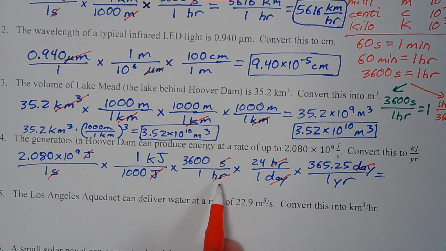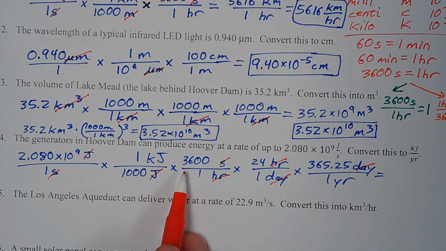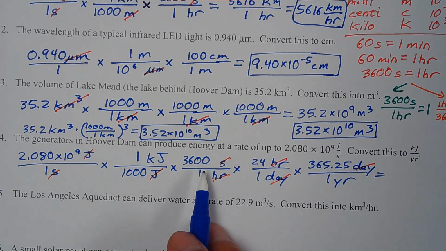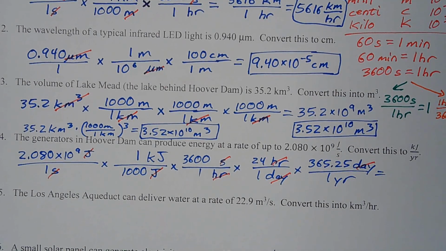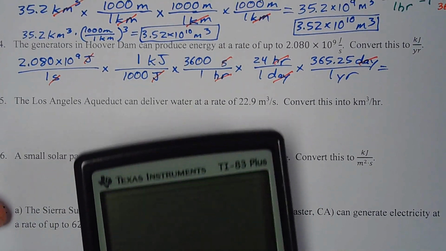However, this is one of those cases where it would be a little more advantageous, because you could use one single conversion factor to go from seconds into years. I don't recall the actual number, hence the reason I use this longer series of conversion factors.